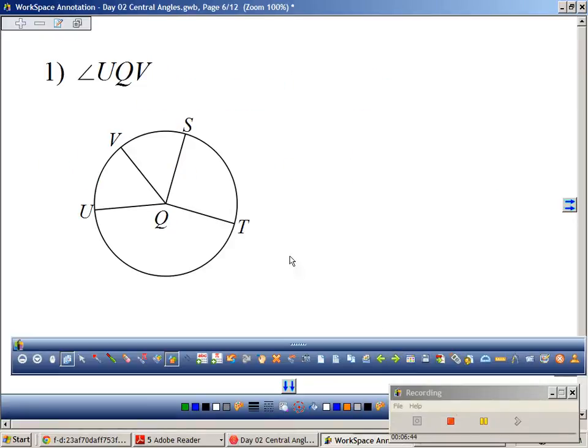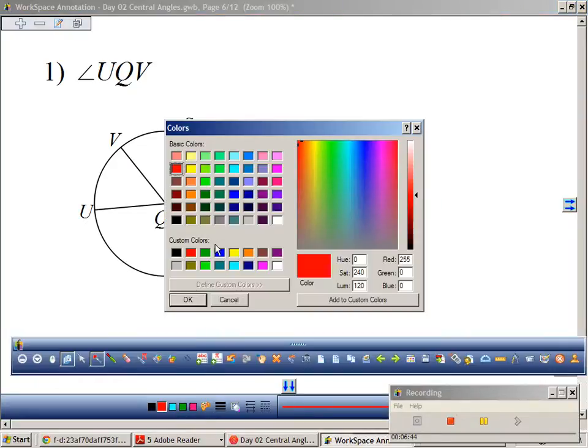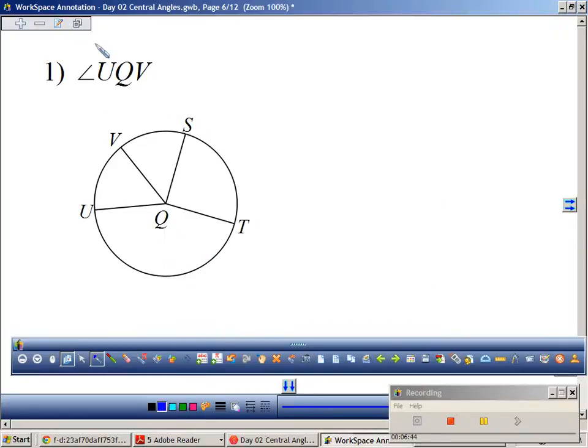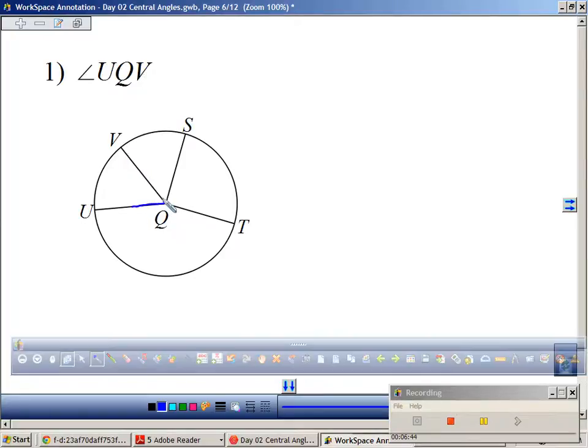Okay, let's get started with number 1. So in number 1 on your worksheet, it says name the arc made by the given angle. So I've got to name this arc. Rather helpfully. Alright, so if they're talking about the angle UQV, that's this angle right here, and I need to name the arc made by that given angle, my arc starts here.